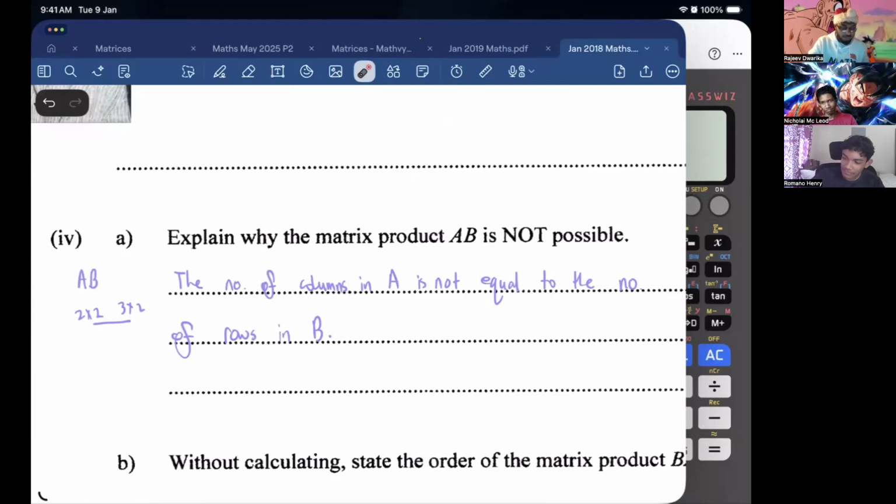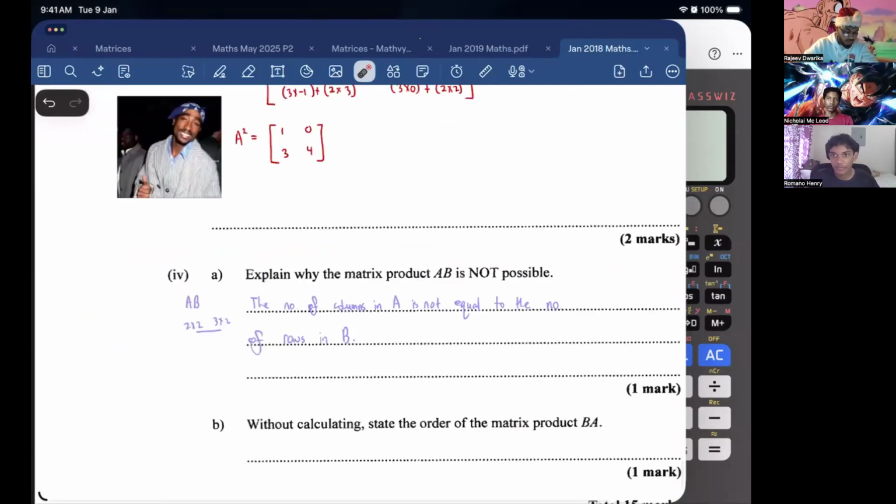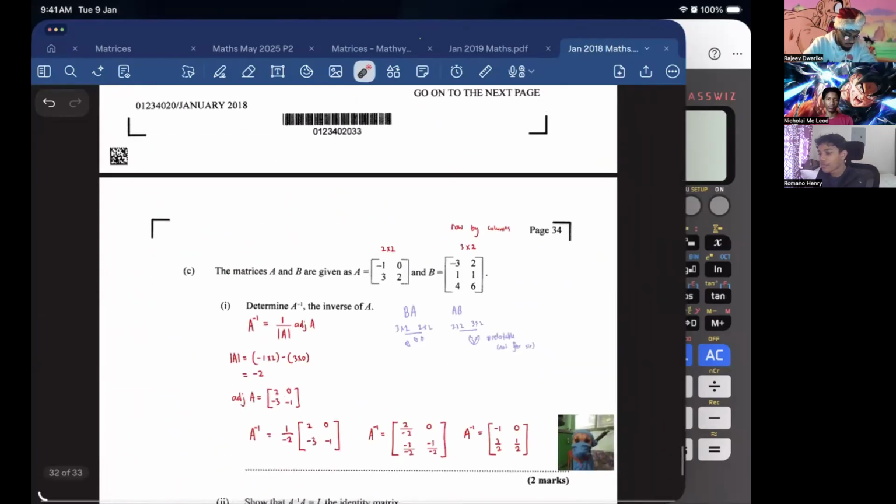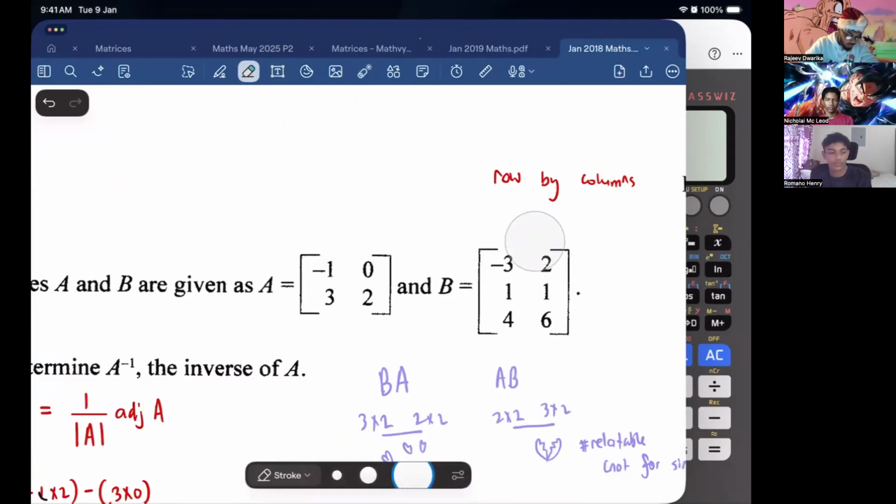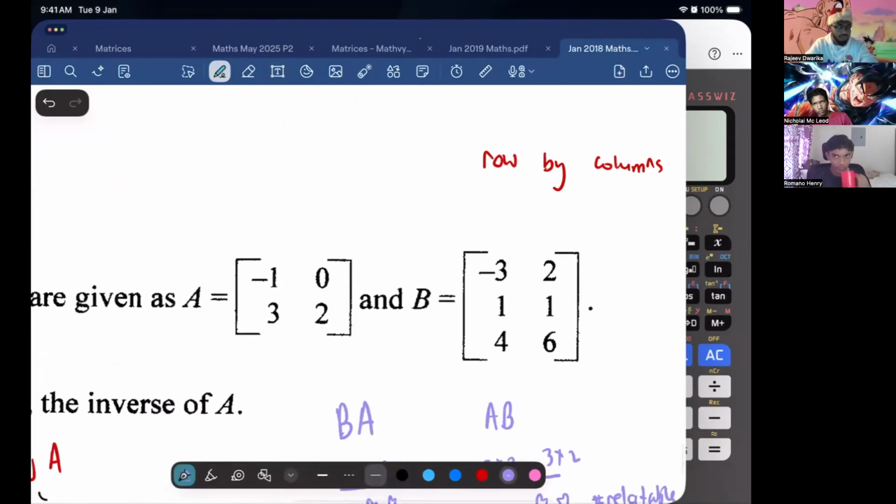All right. Let me show you how I got that. I want you to read the question for me. What is the question saying? Explain why the matrices product AB is not possible. So AB. Tell me, what is the order of matrix A?